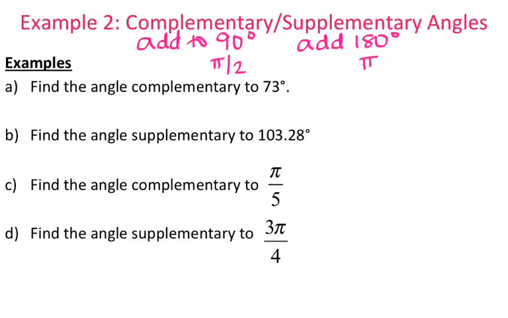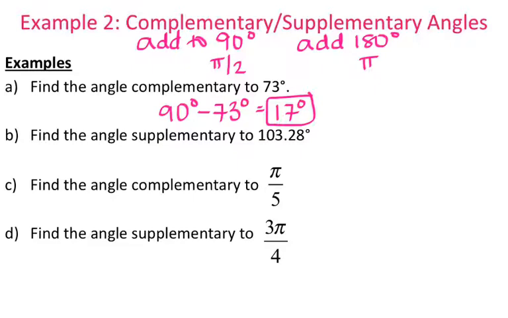So for letter A, find an angle complementary to 73 degrees. For the complementary angle, I'm going to take 90 minus 73 degrees. 90 minus 73 is 17 degrees. So the complement of 73 degrees is 17 degrees.